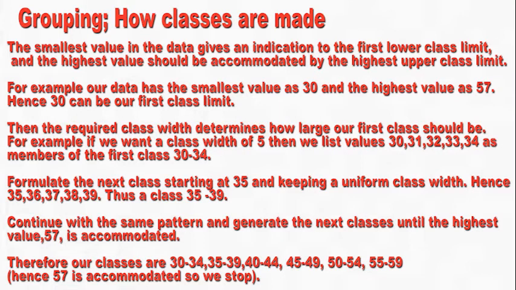Then the required class width determines how large our first class should be. For example, if we want a class width of 5, then we list the values starting with 30, meaning we will have 30, 31, 32, 33, 34 as members of that first class, which runs from 30 to 34.